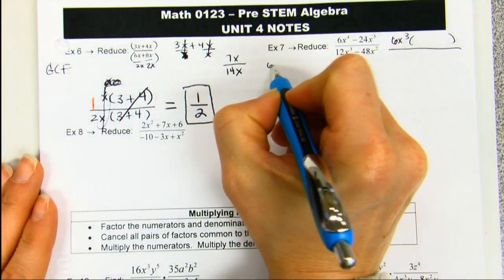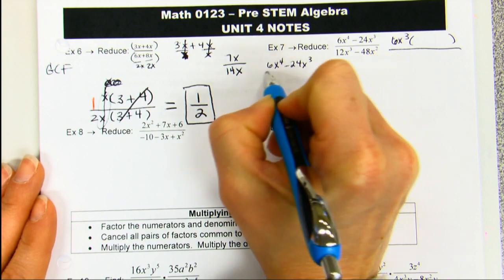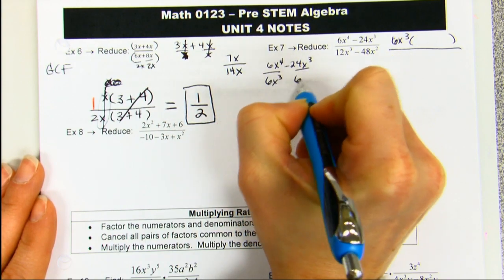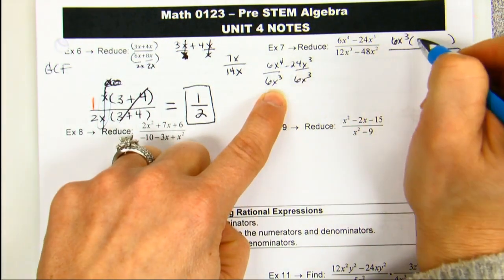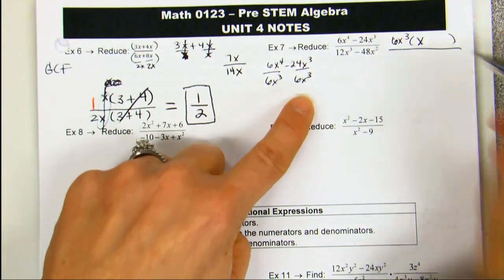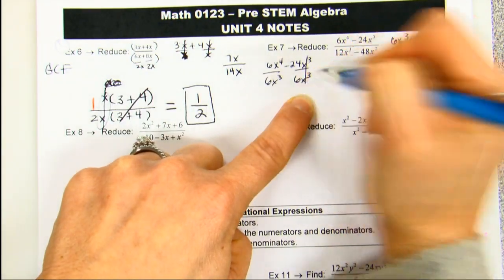So if you need to, again, you can write 6x to the 4th minus 24x cubed and show that you're dividing by that. So 6 goes into 6 one time, 4 minus 3 is 1, so x to the understood 1. Minus 6 goes into 24 4 times, and the 3's zero out.